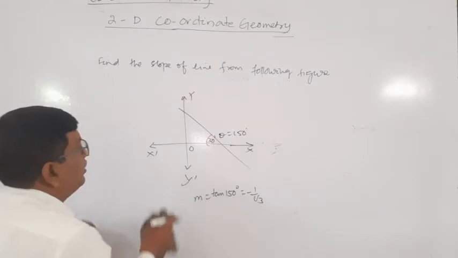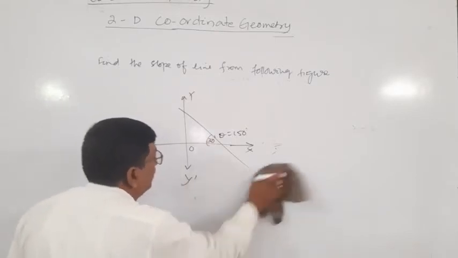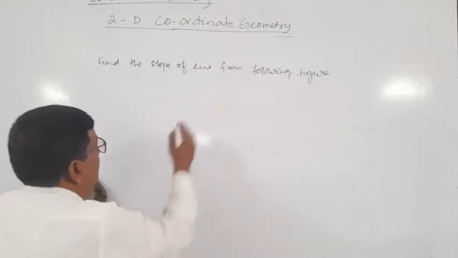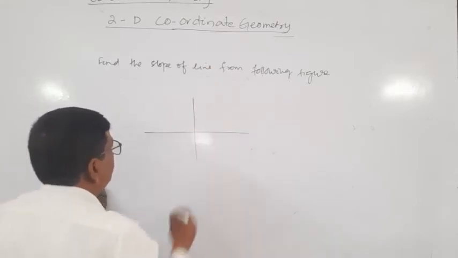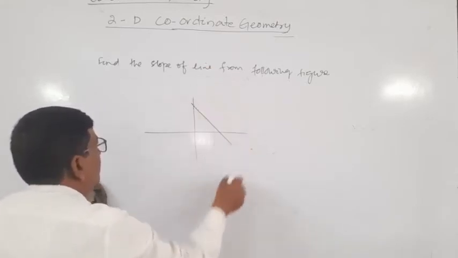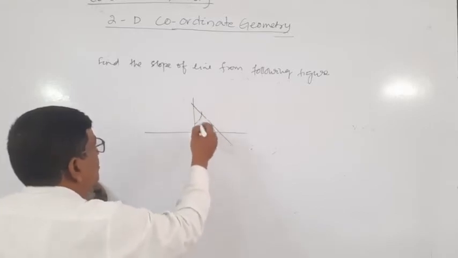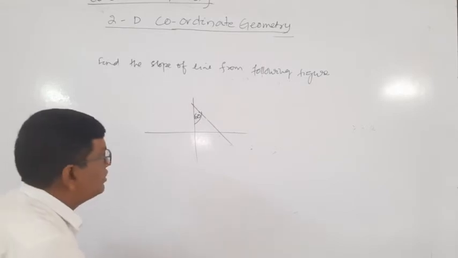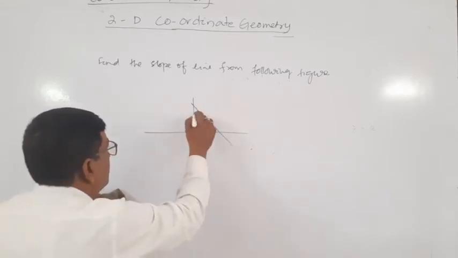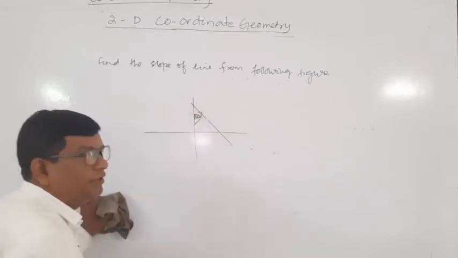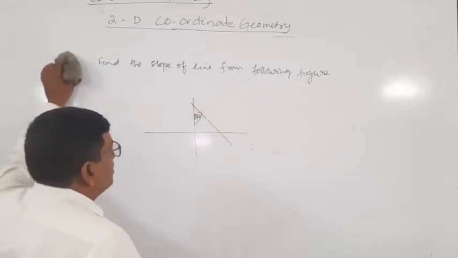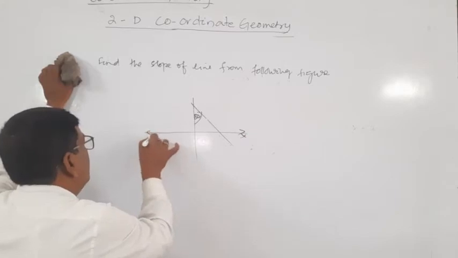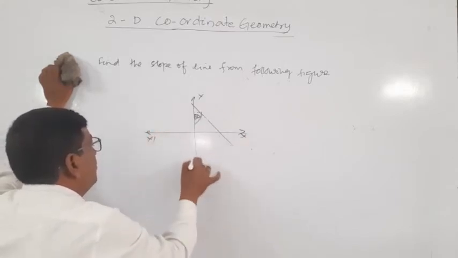Another question: find the slope of the line. Suppose this angle is 30 degrees. This is the figure, this is the x-axis X'OX, and this is Y'OY.